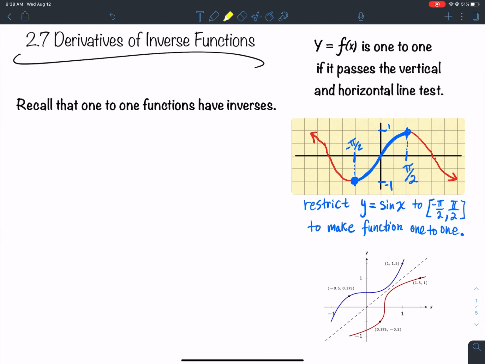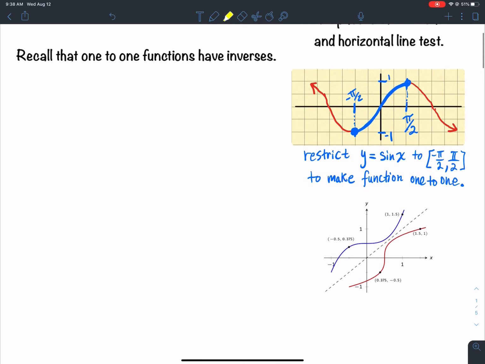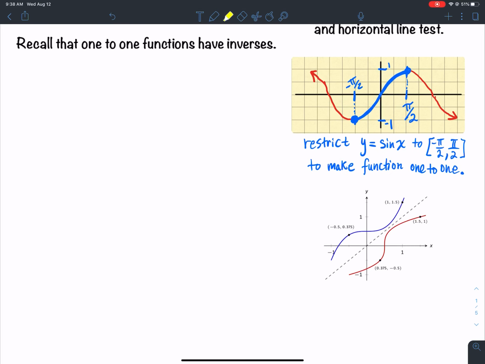So the way I think about inverses, I think about it reflecting across the line y equals x here. So if you have this function here, then the inverse function is a reflection across that, I guess you could call it axis, the y equals x axis, this slanted axis right here.